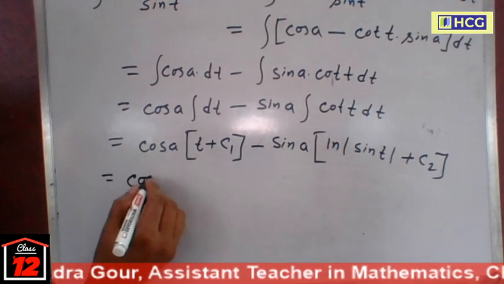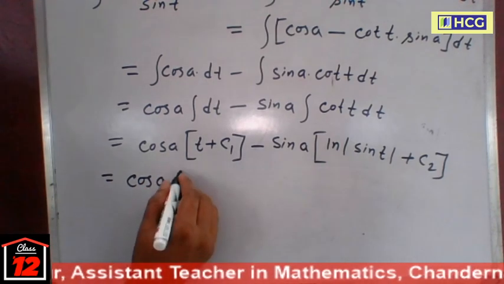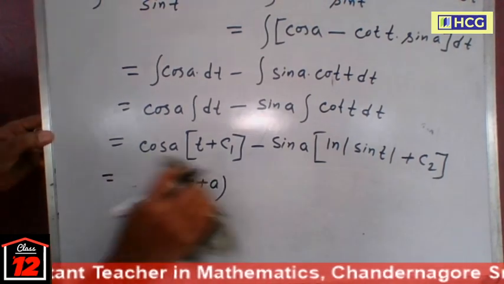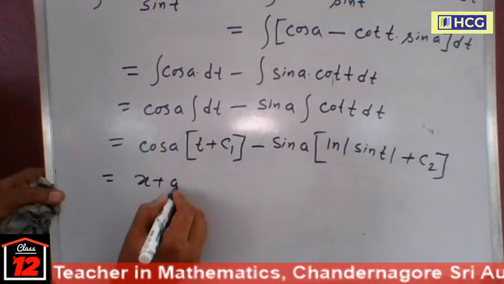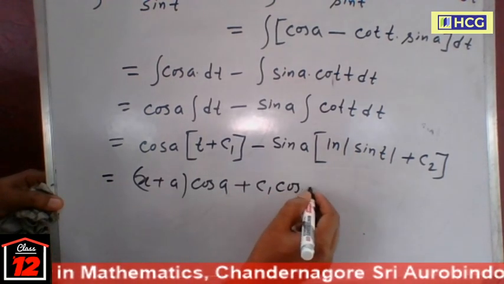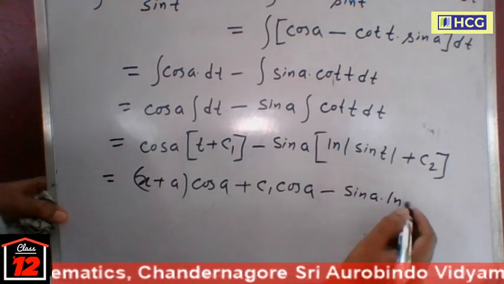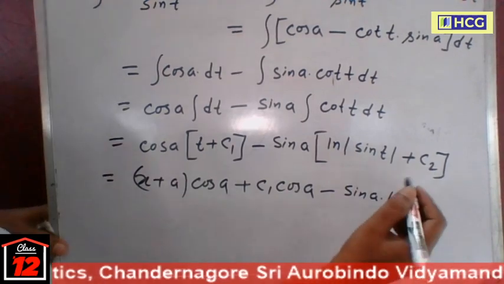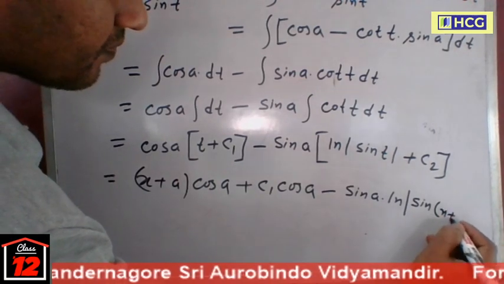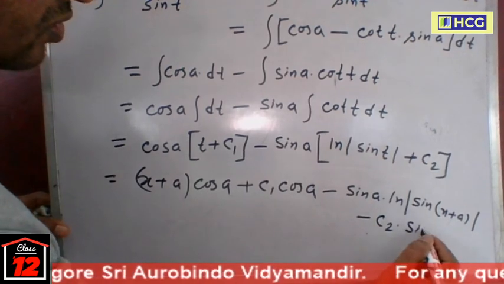So now this is equal to cos a into t. T is x plus a, so x plus a into cos a plus c1 cos a minus sin a into ln mod sin t, t is x plus a, minus c2 into sin a.